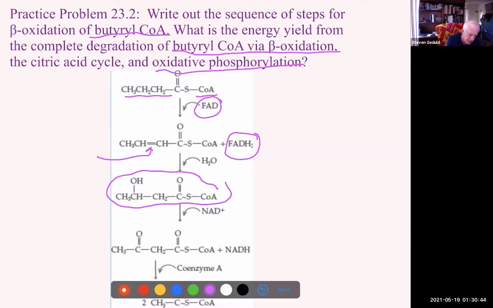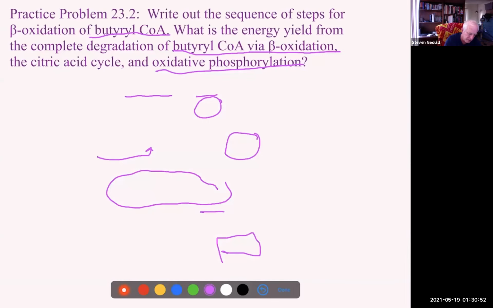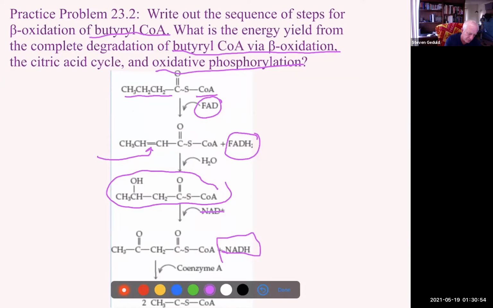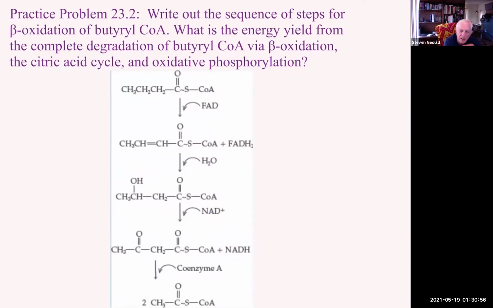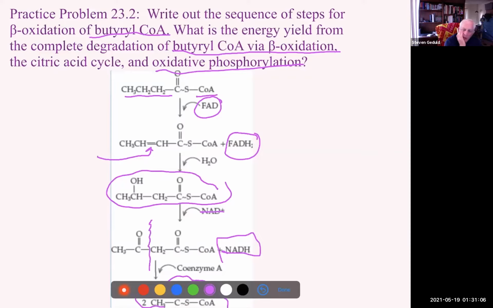Then you're going to add your NAD+ to form NADH. Okay, then come back. Then your coenzyme A reacts to that to form 2 acetyl coenzyme A's. Because this is going to break into 2 carbons, because acetyl coenzyme A is a 2-carbon chain.